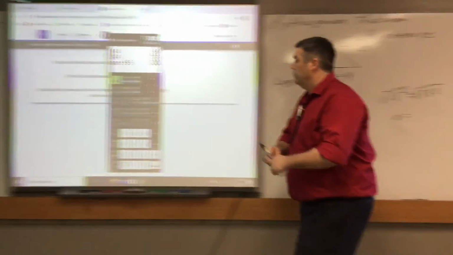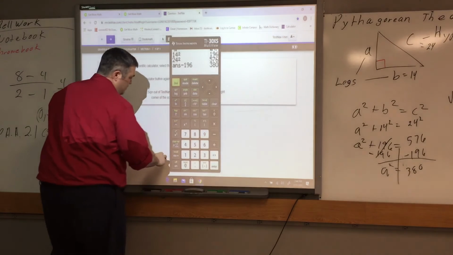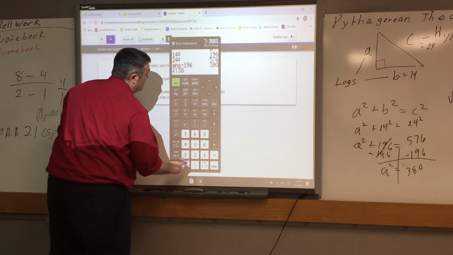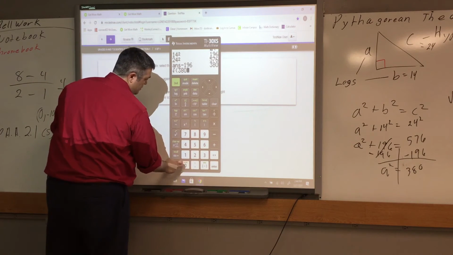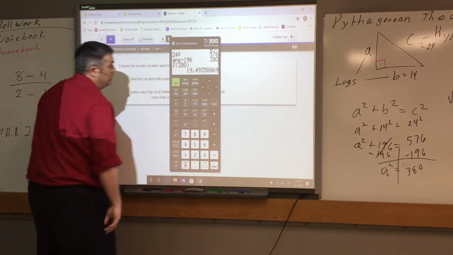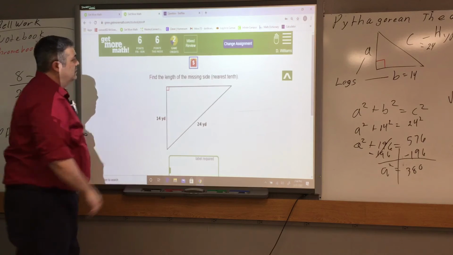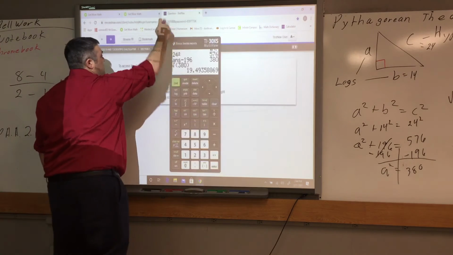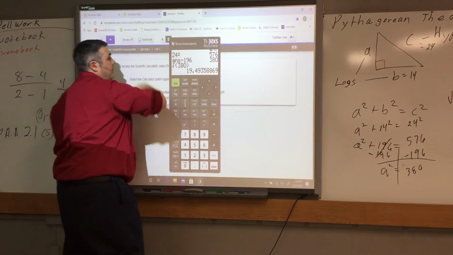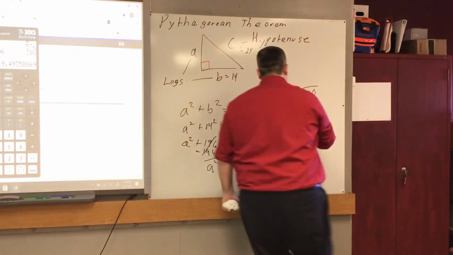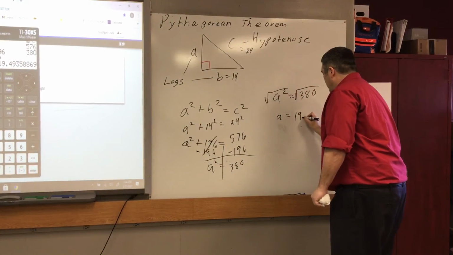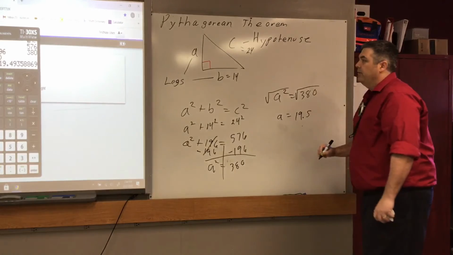Square root of 380, close it in, hit enter, 19.5, and I'm betting it's saying to the nearest tenth. Yep, nearest tenth. So A equals 19.5, and then whatever the units was.